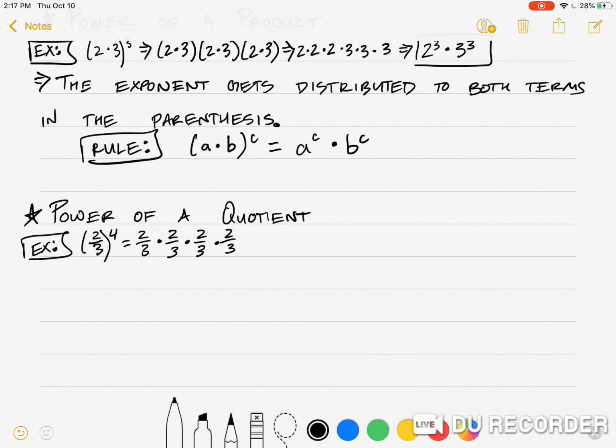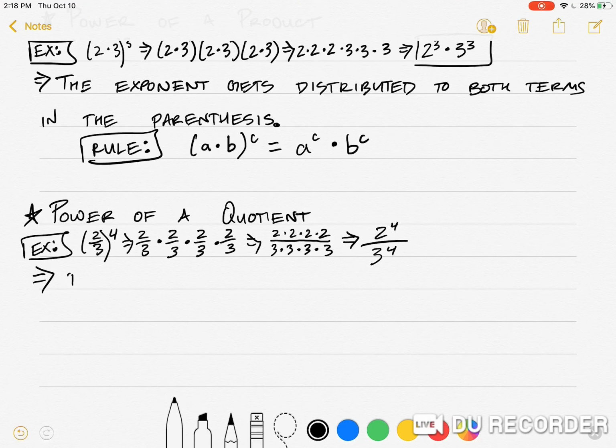Because it's 2/3, or 2 divided by 3, times itself 4 times. Okay? And now this one turns into 2 times 2 times 2 times 2 divided by 3 times 3 times 3 times 3. Which, because we know things about exponents, we know is 2 to the 4th power over 3 to the 4th power.